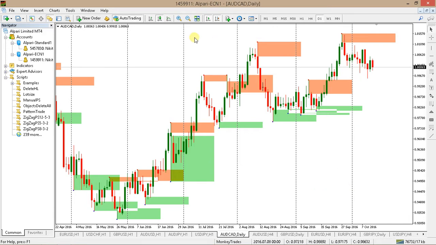To help me in identification and prediction, I have created a fractal zones indicator. If you don't know what a fractal is, a fractal is a high or a low that sticks out from a number of highs or lows. For example, we had a high, and before that we had some highs that are lower than this high, for example 1, 2, 3 highs.